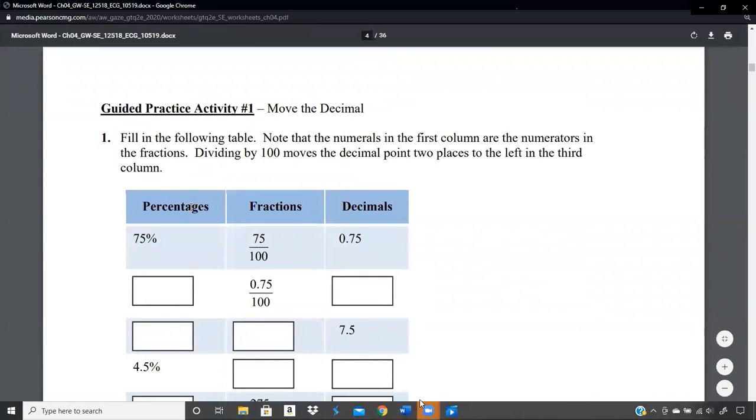So in other words, this 75%, the 75 goes here, and it's 0.75 as a decimal. They give you an example of just 3 that are connected, and they don't show you the work for it. 75% is 75 over 100 is 0.75. But the theory is you could start with any of these 3 things and get the other 2.